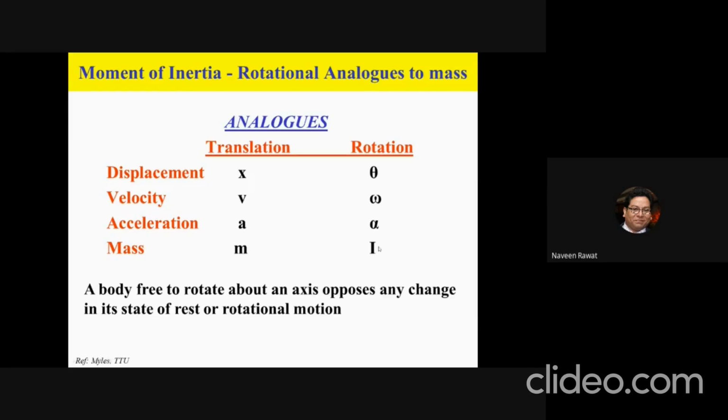Similarly, I is your resistance to rotational motion. A body that is free to rotate about an axis opposes any change in its state of rest or rotational motion, and that is what we define as the moment of inertia.